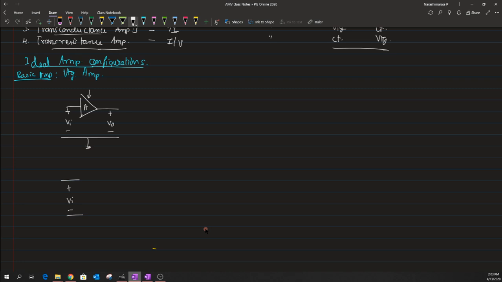And we will have a voltage controlled voltage source, which could be modeled with this diamond shaped symbol, and the output voltage is basically Vo, which is defined as the gain times the input voltage. So this is the ideal model.